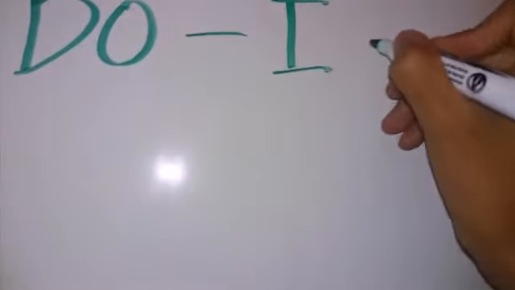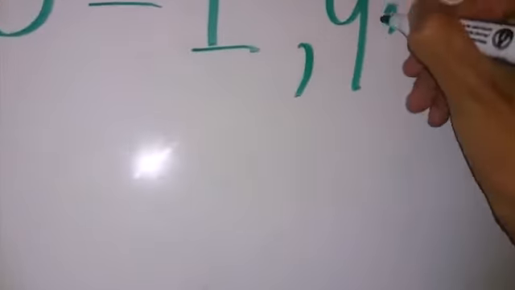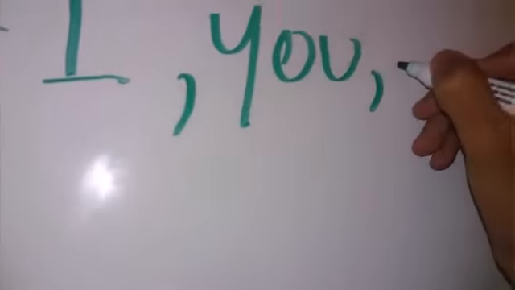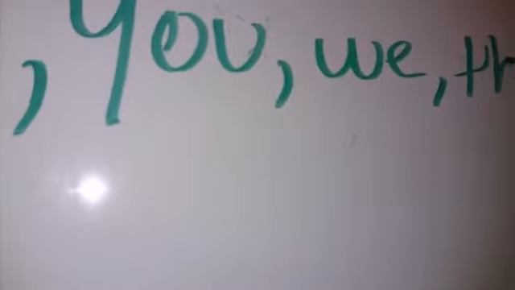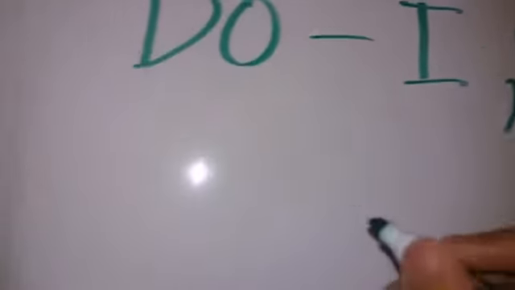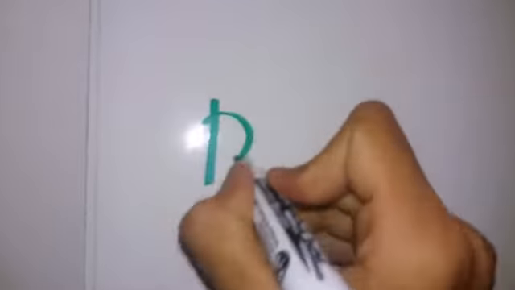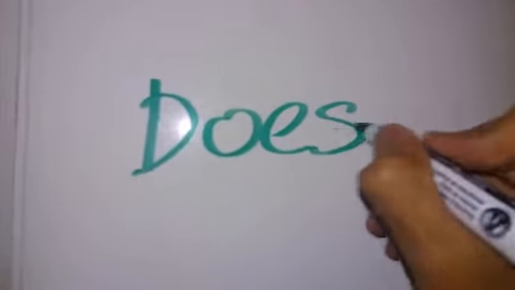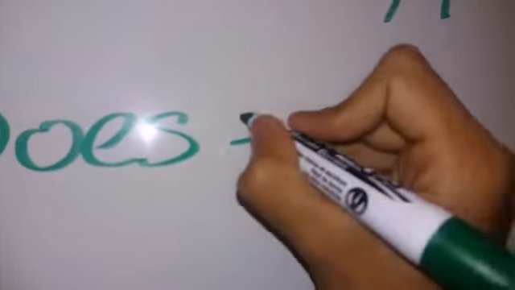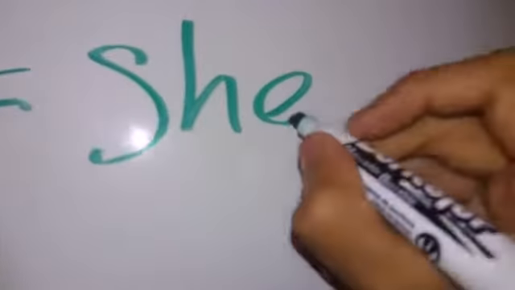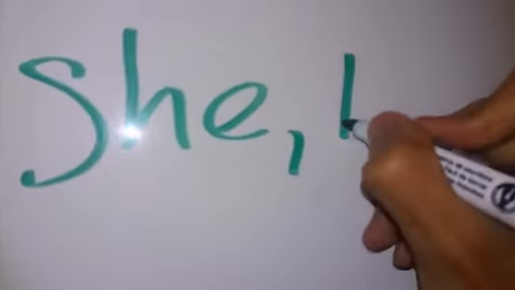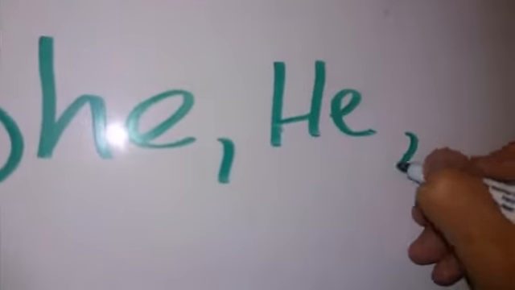I, you, we, and they. And we use the auxiliary does for she, the third person, that is she, he, and it.